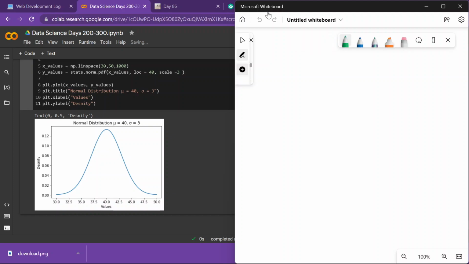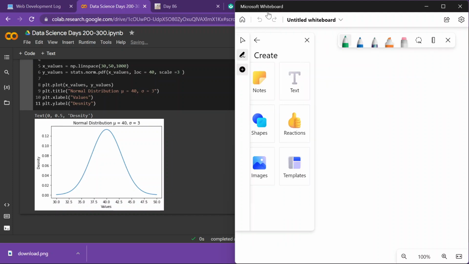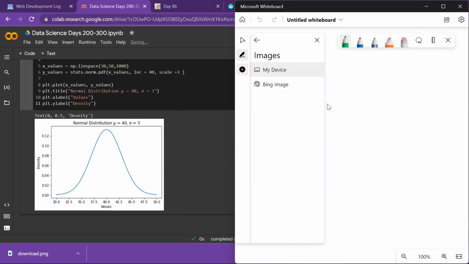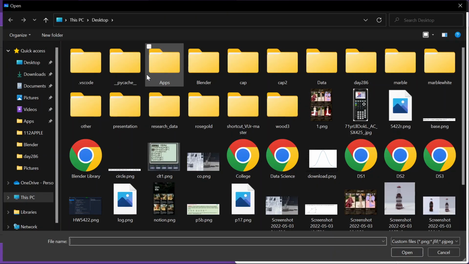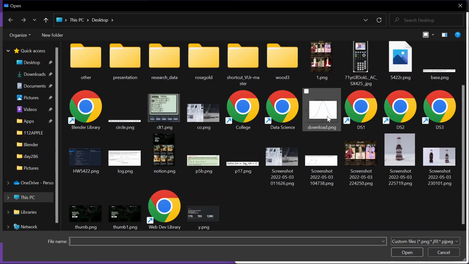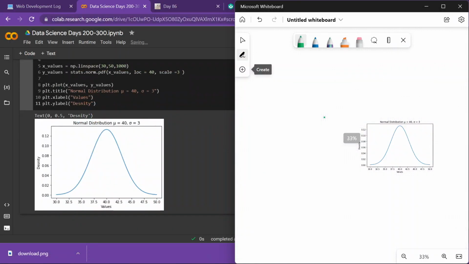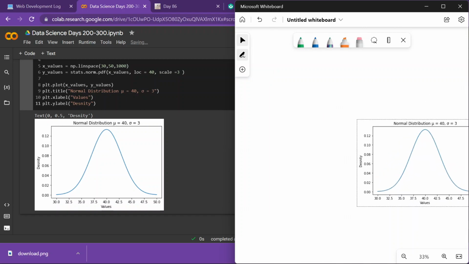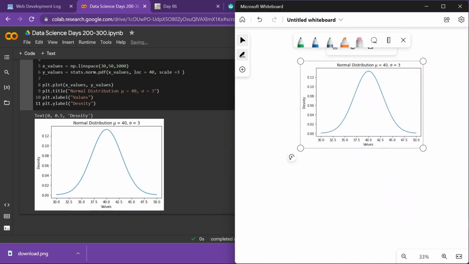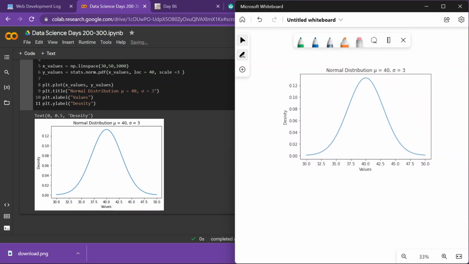Add image. If I could ever find it. I'm just not organized these days. Is it this one? I'm pretty sure it's the only normal distribution that I have. Okay, let me increase it. How do I lock it?